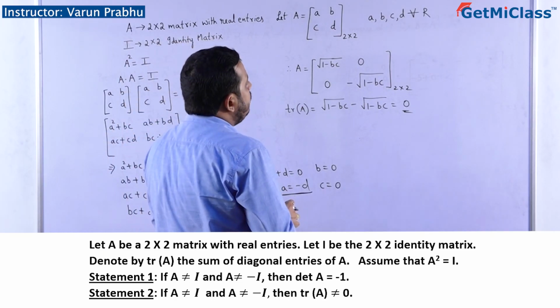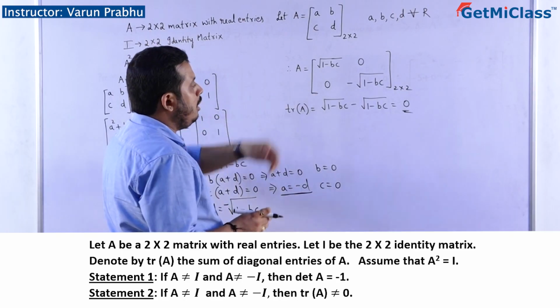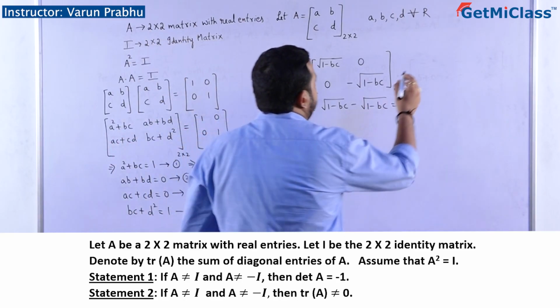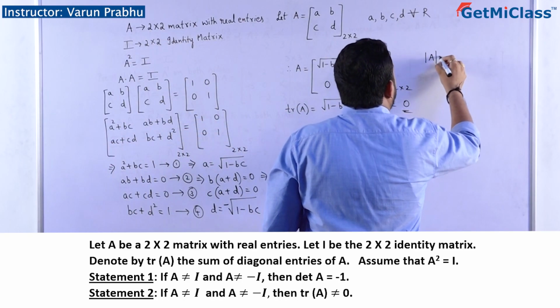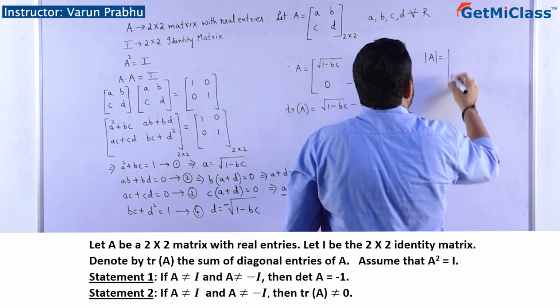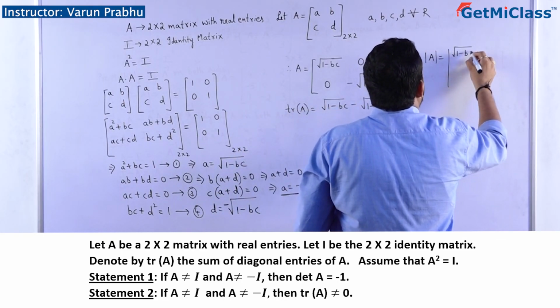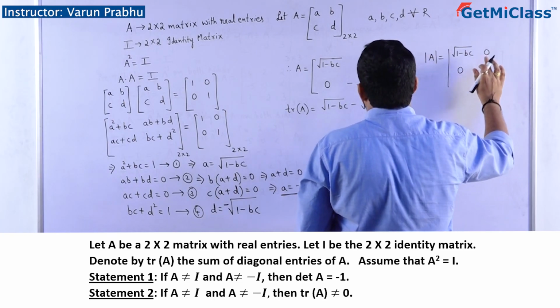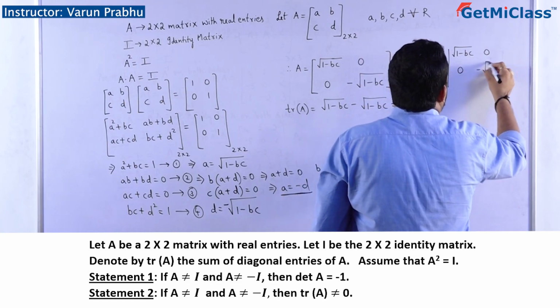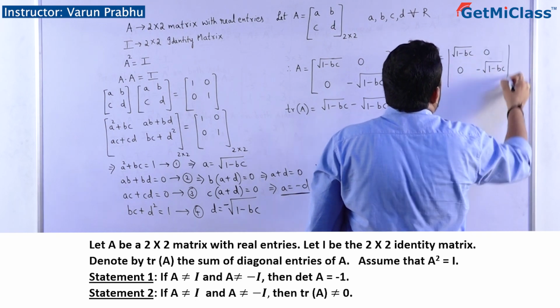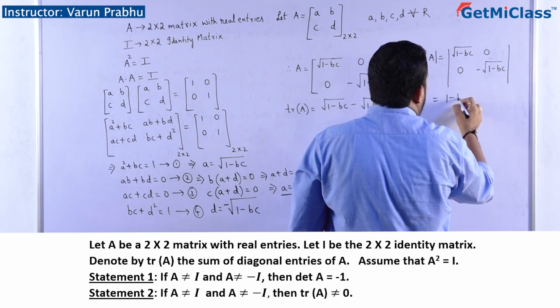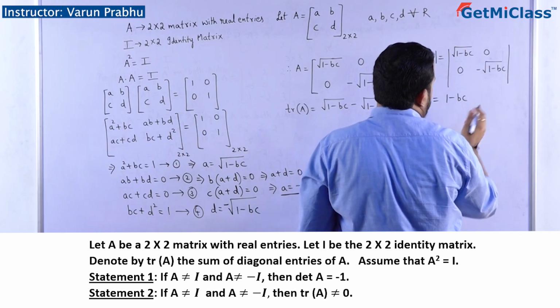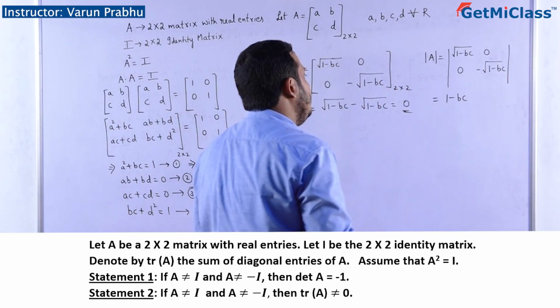If you take the determinant of this particular matrix, what will be the determinant of this? Determinant A, that is equal to the determinant of [root over 1 minus bc, 0; 0, minus root over 1 minus bc]. So this part can be written as minus of 1 minus bc minus 0.